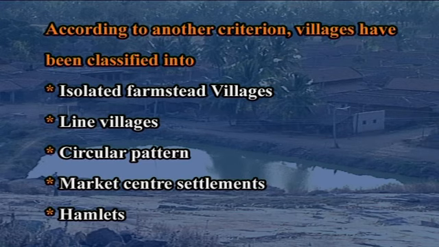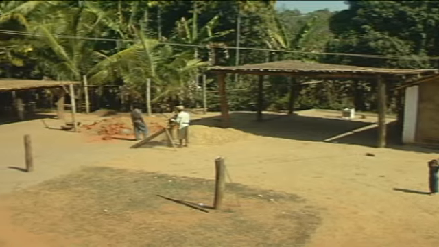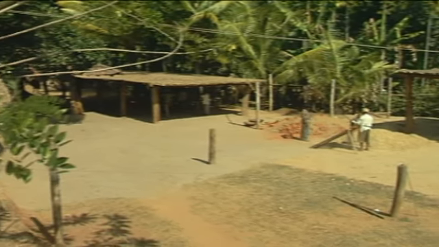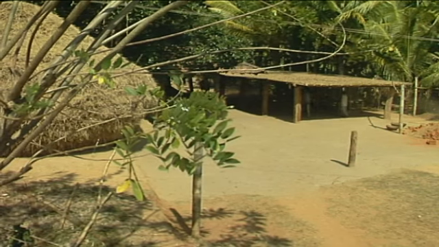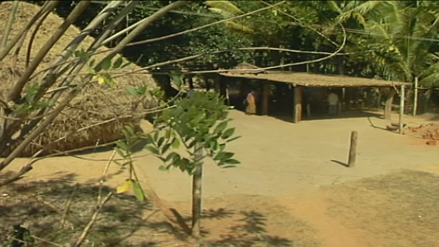According to another criterion, villages have been classified into isolated farmstead villages, line villages, circular pattern, market center settlements and hamlets. So far as isolated farmstead is concerned, the individual lives on his farm with his farmland surrounding him. Village as a pattern of settlement signifies concentration of the ruralities together with their farmland.